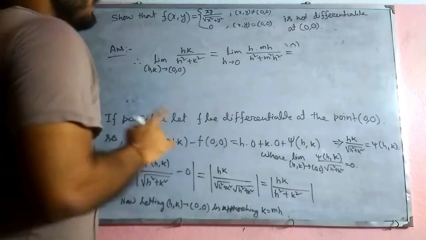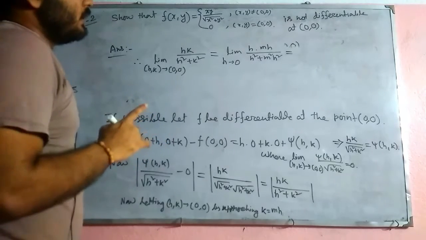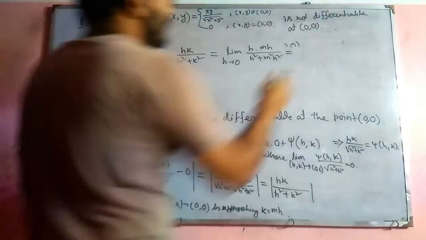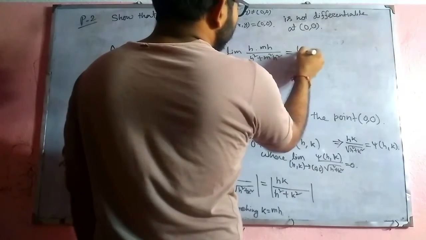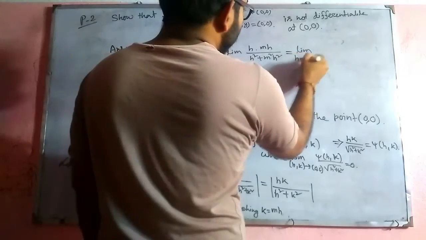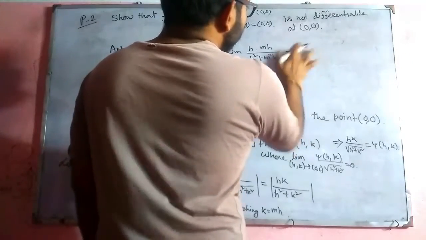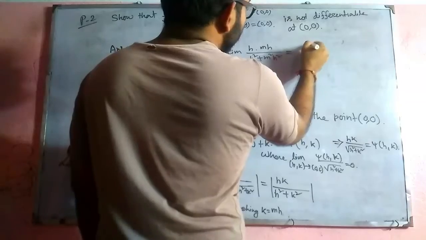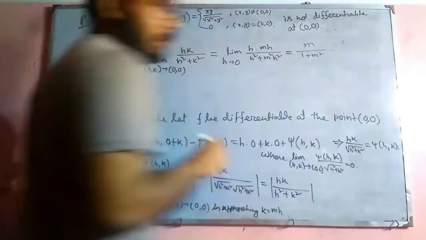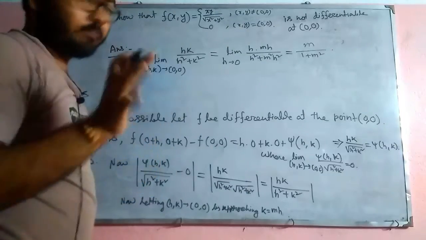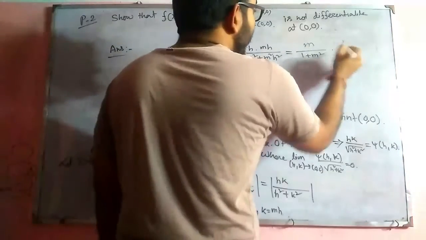And from the numerator and the denominator, h square will be cancelled out, and the expression will be totally dependent on m square or on m.